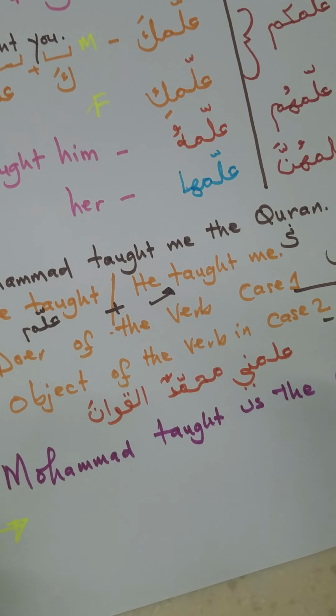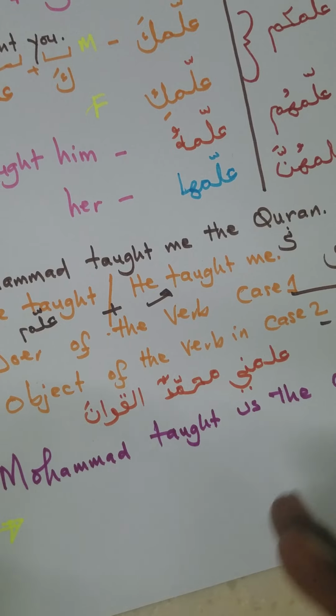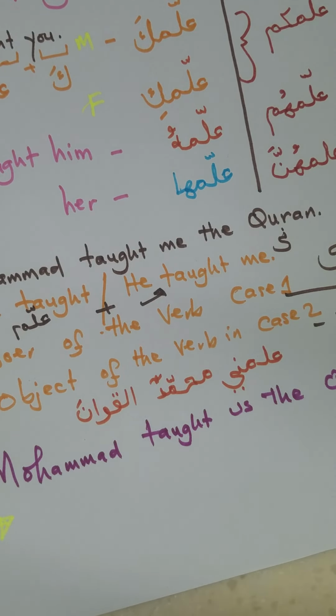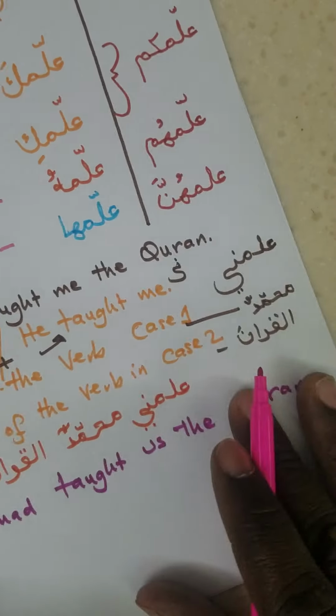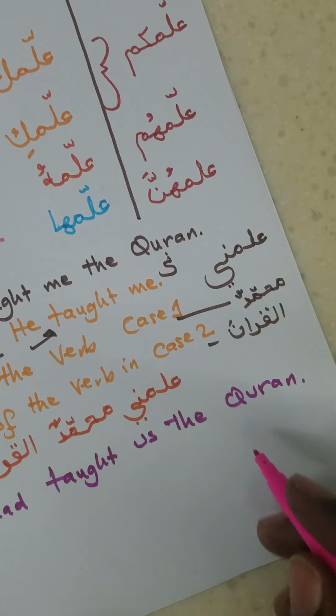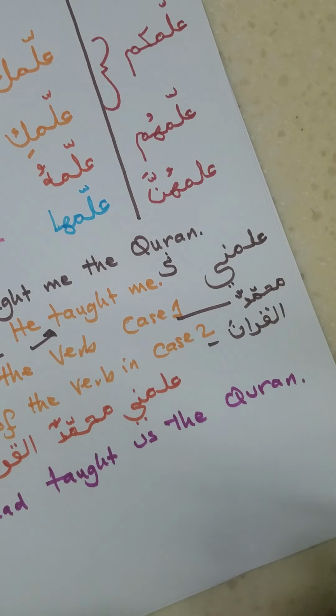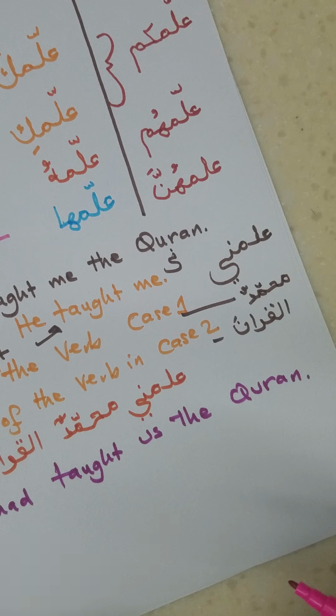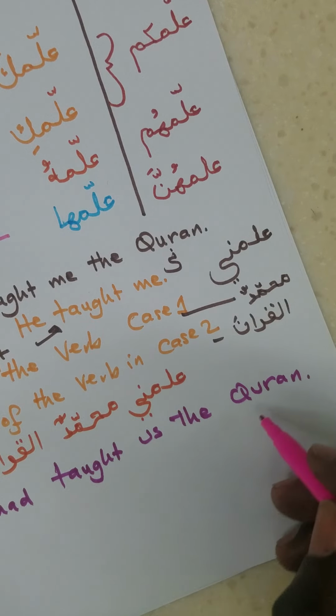He taught us. Doer of the verb in case 1, and object of the verb in case 2. So, he taught us. It is going to be Allamana. I hope you are not asking, how does it be? How is it Allamana? I hope you are now following step by step, principle by principle. Allamana.